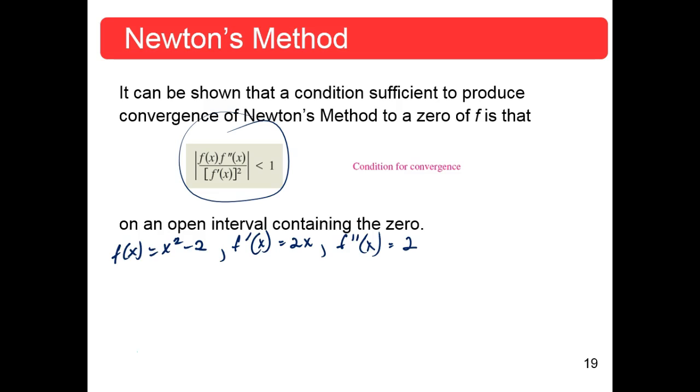Now let's use our test here and do the absolute value of, okay, where are we evaluating this? Well, we don't need to worry with it. Let's just do it.